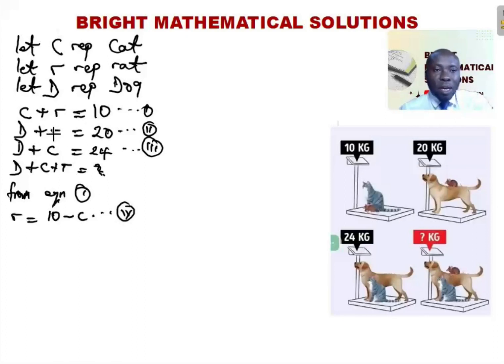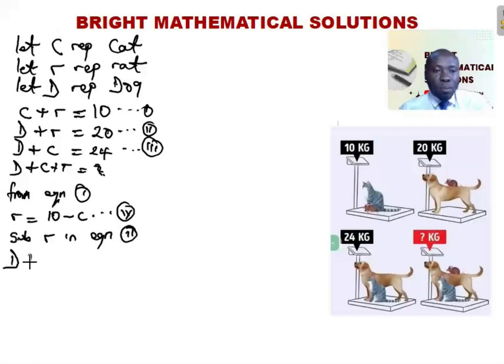Now let us substitute equation 4 into equation 2. We have R here, so let us substitute into this equation so that we can get another value for this equation. Sub R in equation 2. Therefore D, wherever we see R, this is what we are going to substitute.